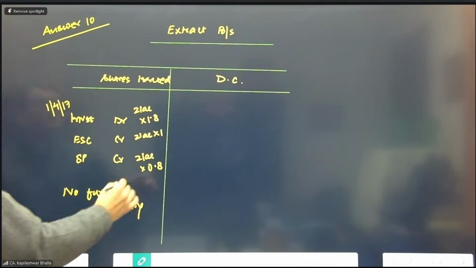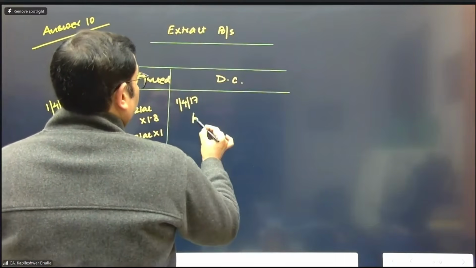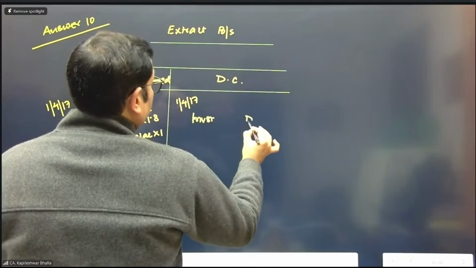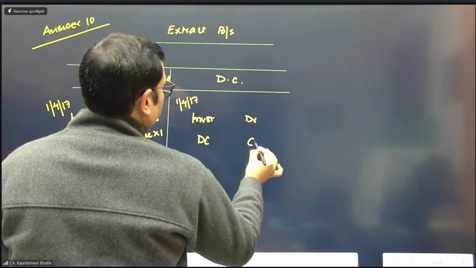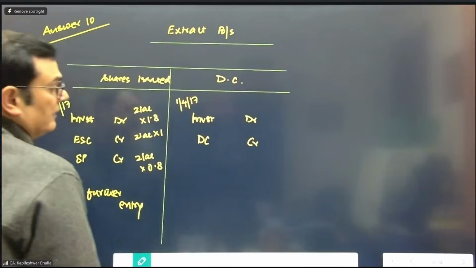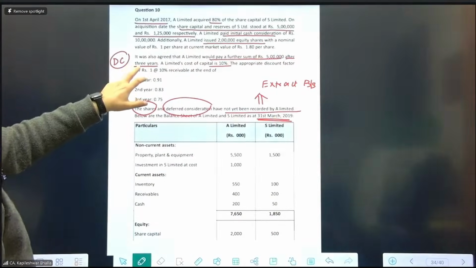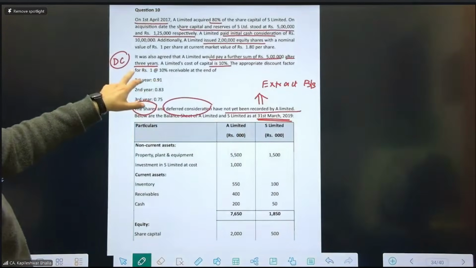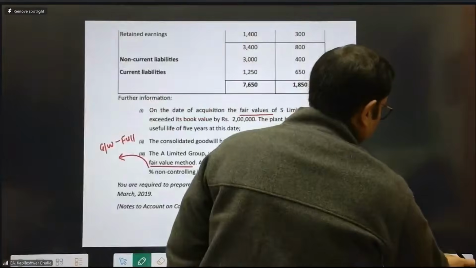Now let's come to the next one, that is on 1st April 17. Had I taken the deferred consideration, the entry would have been investment debit and deferred consideration credit. Let's go back to the DC. I'm given that it was agreed that we'll pay 5 lakhs after 3 years and the third year factor is 0.75.